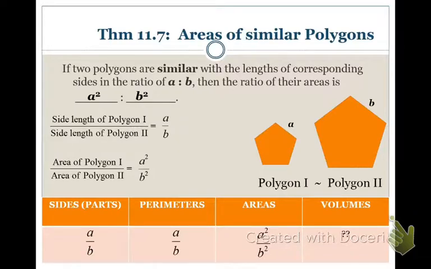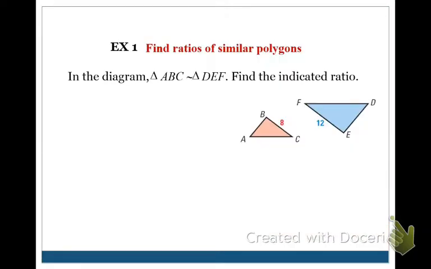So here's how we apply this. In the diagram, the two triangles are similar. The triangles have to be similar to compare these ratios. BC corresponds with EF. They want us to find the indicated ratio, the ratio of red to blue perimeters. What would the ratio of the perimeters be?